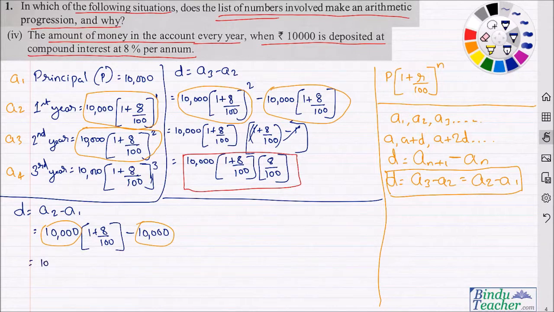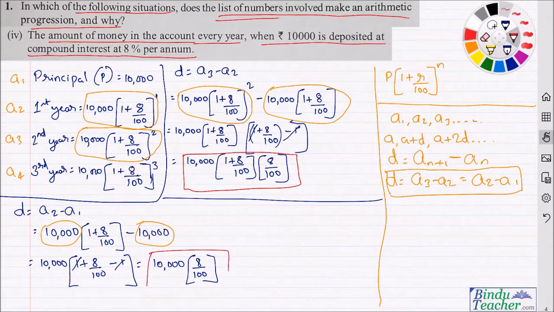We get 10,000 into (1 plus 8 by 100 minus 1). So here plus 1 and minus 1 cancel out each other. The resulting value is 10,000 into 8 by 100. So this is the difference that we found for A2 minus A1.